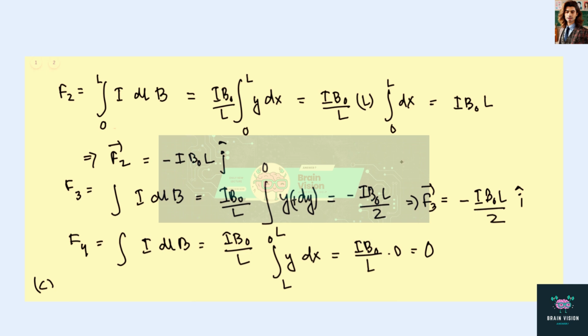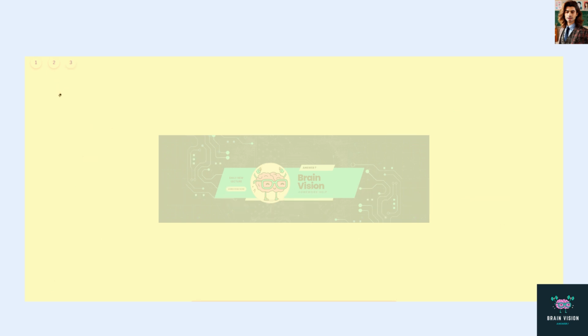So that gives F net equal to F1 vector plus F2. Let's do it in the next page. So F net is equal to F1 plus F2 plus F3 plus F4.